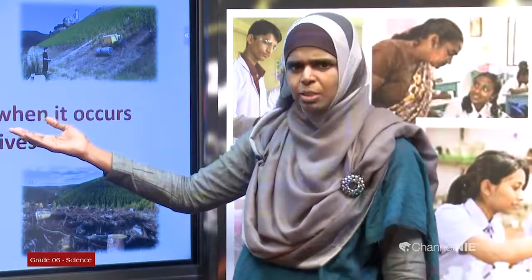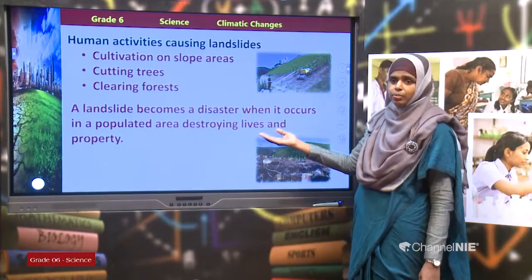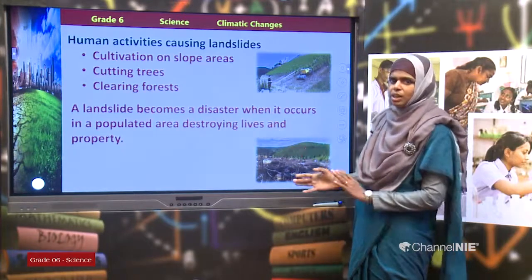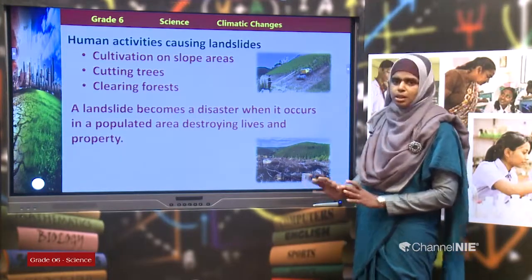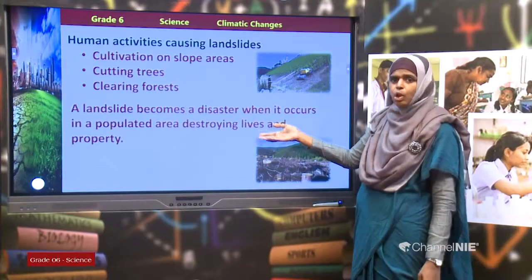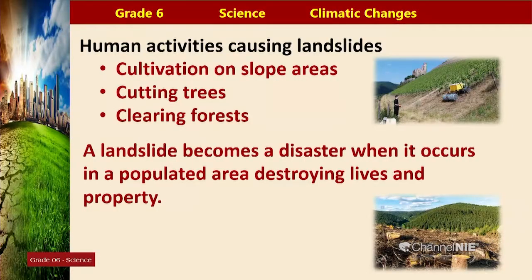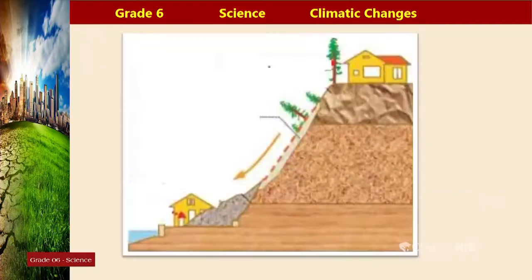How can a landslide be a disaster, children? When it occurs in a populated area. If it is in an area without human activities, that's the natural activity which does not destroy any lives or properties. But if it happens in a populated area where people live, it can be a disaster. This is what happens, children, in a simple diagram.